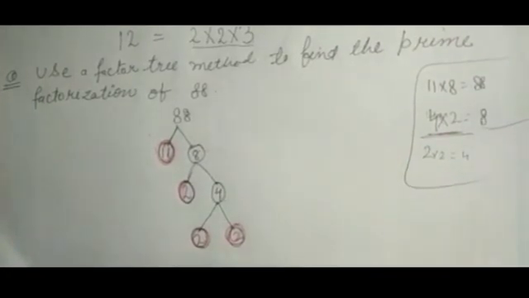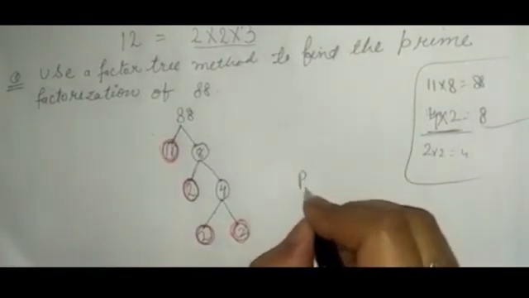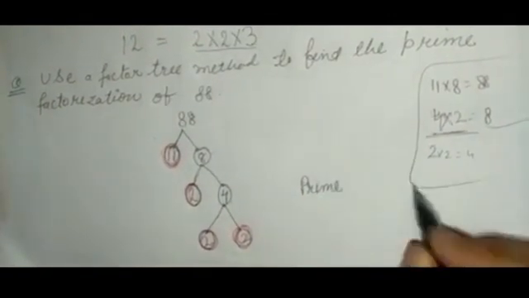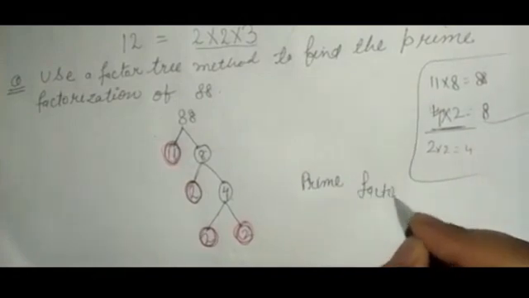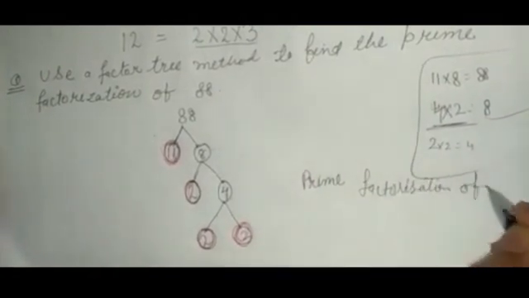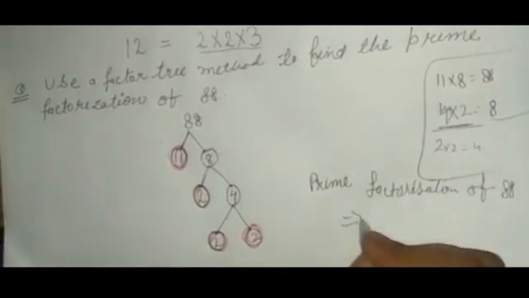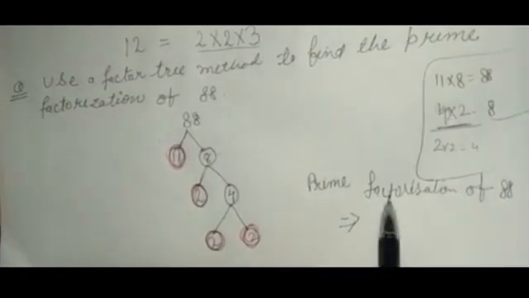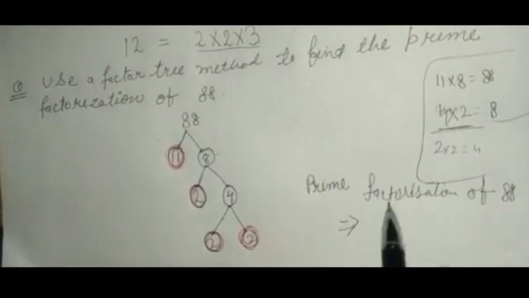Now the question comes, how do we write the answer? I'll tell you what you have to do. Firstly, write prime factorization of 88, or you can write prime factors of 88, no issue.